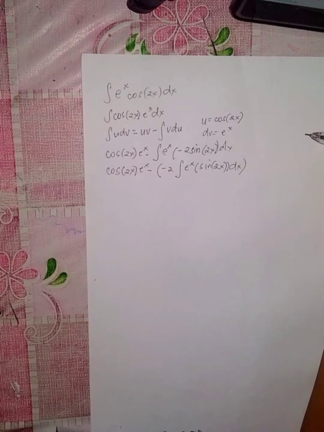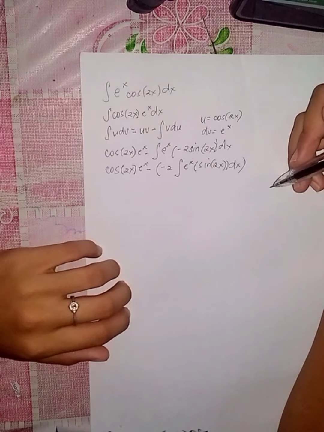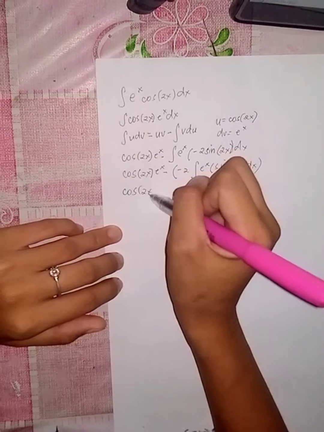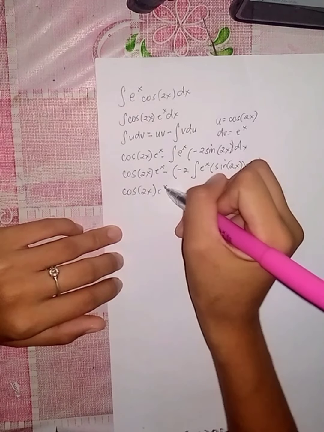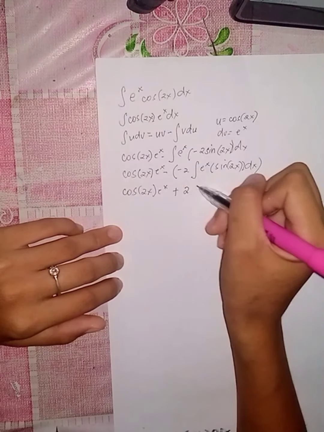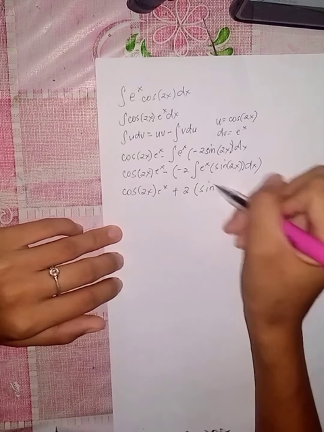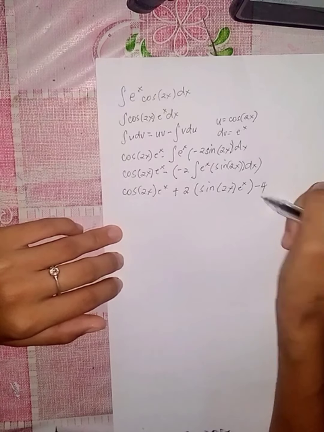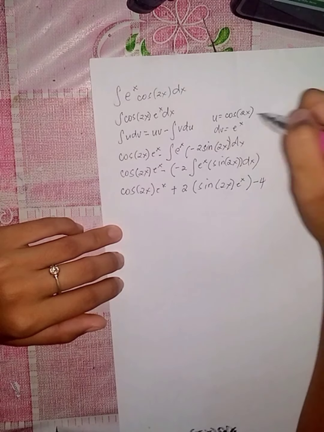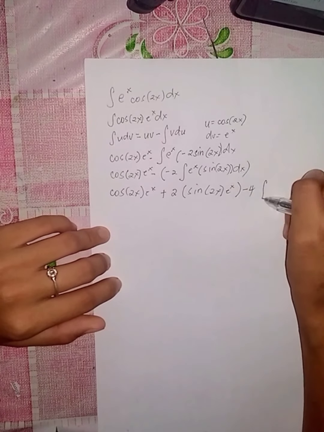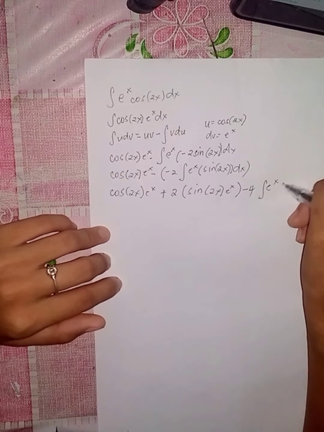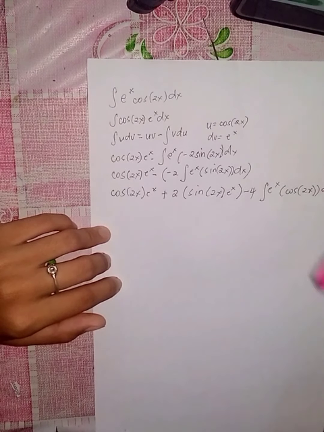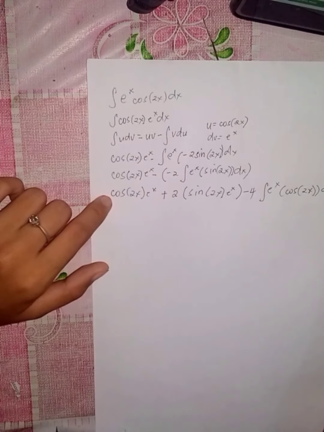So magiging cos 2x e raised to x plus 2 sin 2x e raised to x minus 4 times the integral of e raised to x cos 2x dx. So yan na po yung question natin.